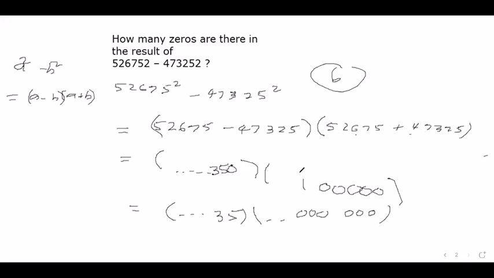Actually, they ask how many zeros are there altogether. So perhaps there may be some other zeros here, but I see quickly that there are no other zeros.